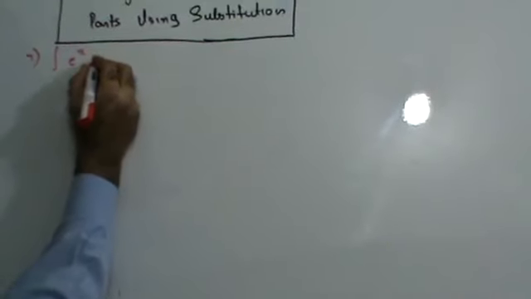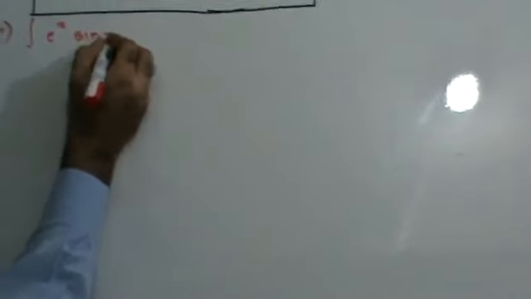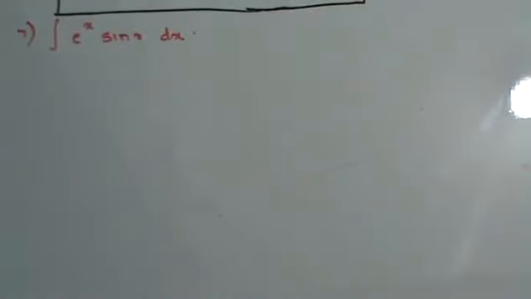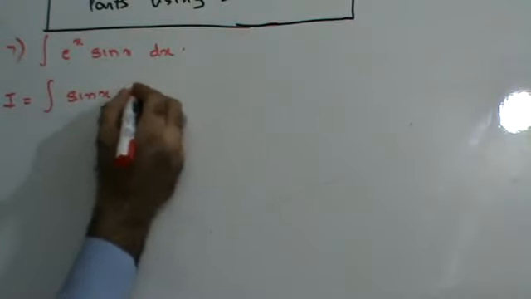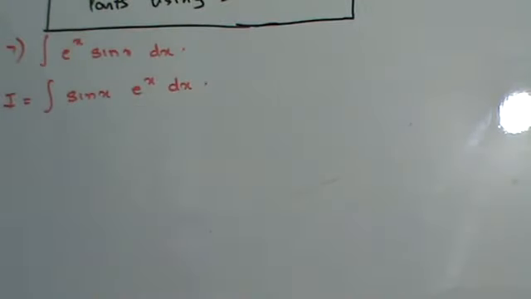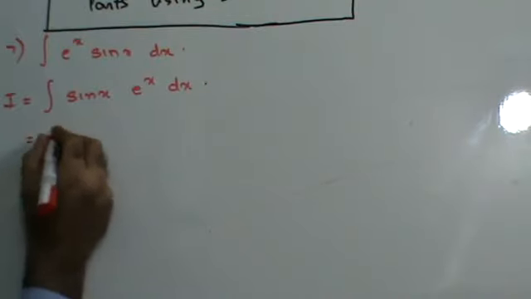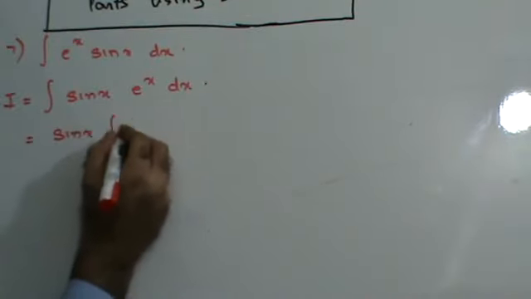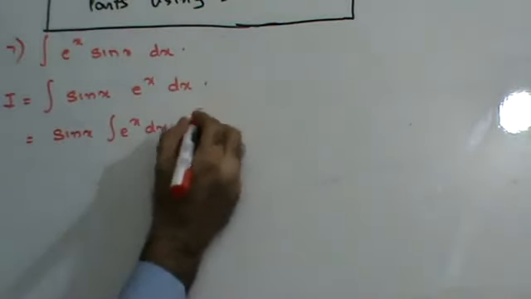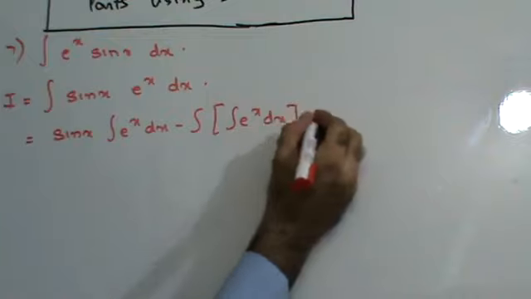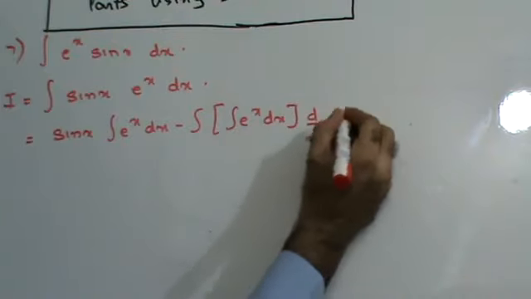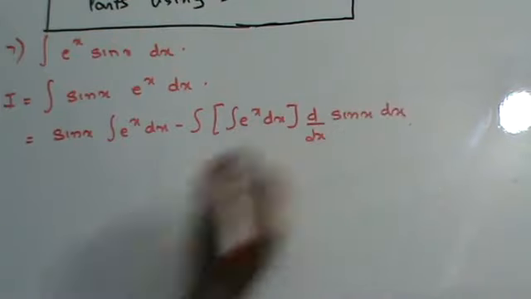Integral of e raised to x sin x dx, right? I is integral of, I'll just rearrange the terms and write them as a multiplication, so you will have to use the uv formula, u integral of v minus integral of v derivative of u dx.